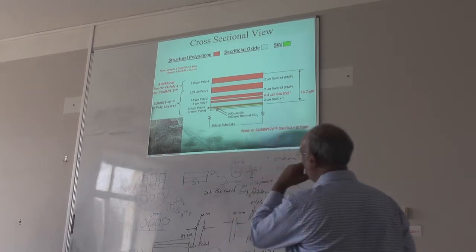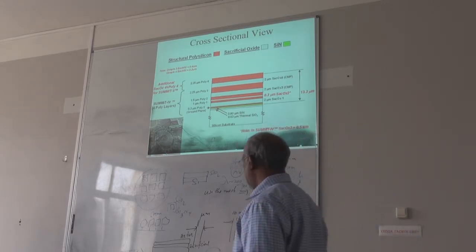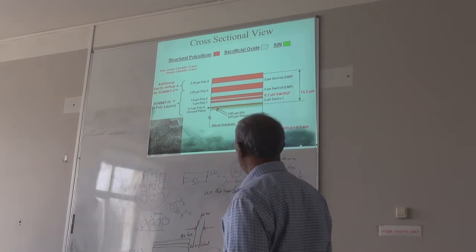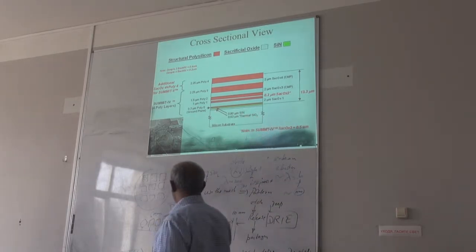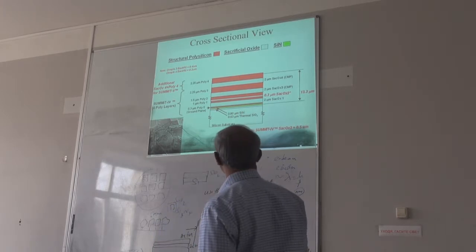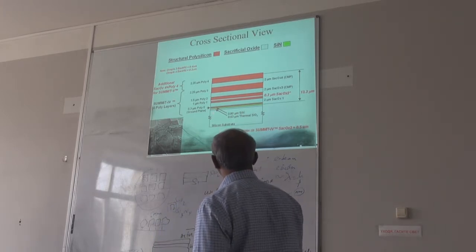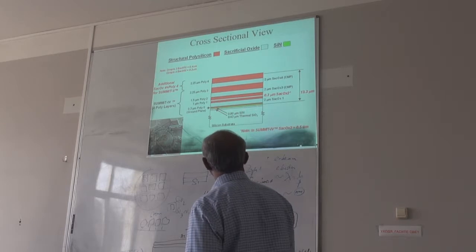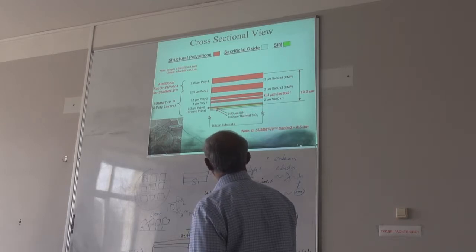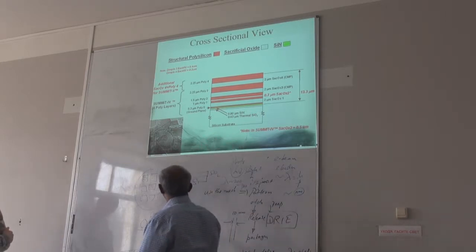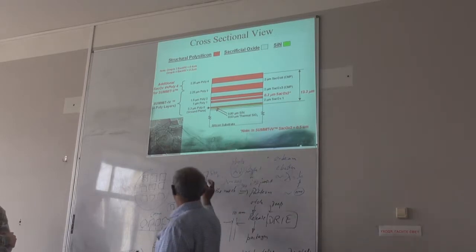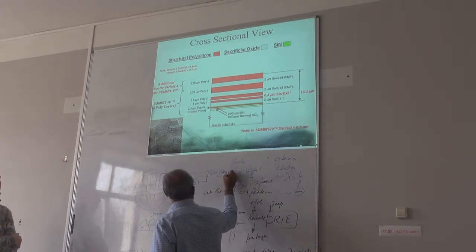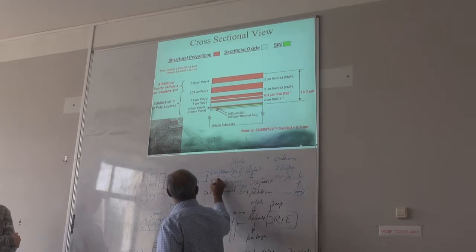Okay, so here is a standard sample when you start. This is your silicon substrate. Then you have silicon dioxide here, SiO2. This is the sacrificial layer on your substrate.